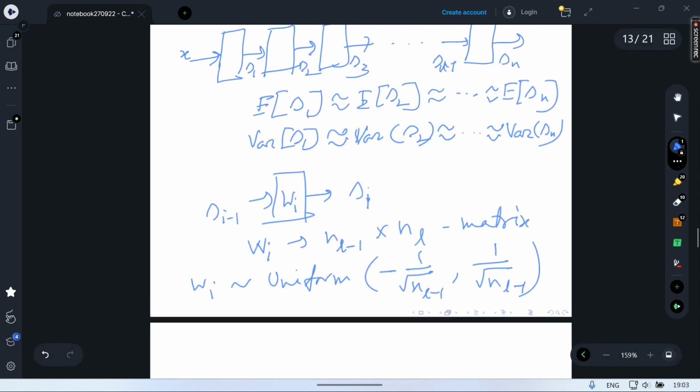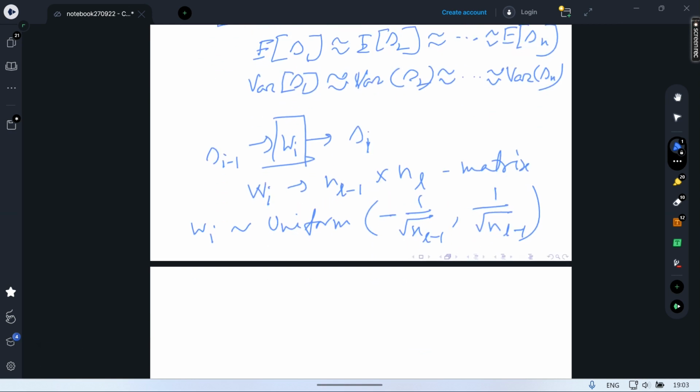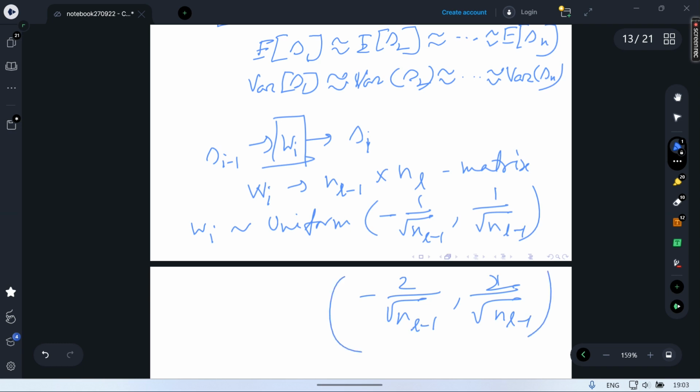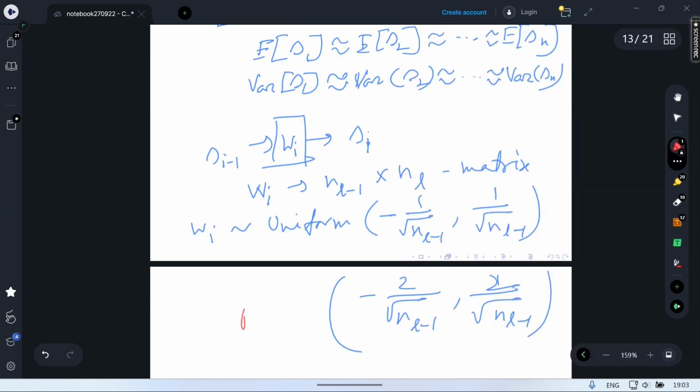Or in the case of a ReLU network, this condition is modified to something like this, with the square root of n(l minus 1). Okay, in the case of ReLU, something like that.